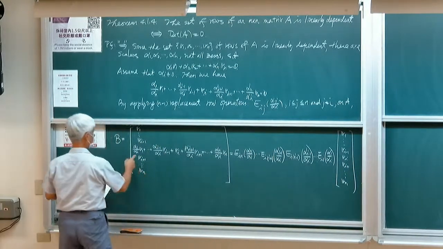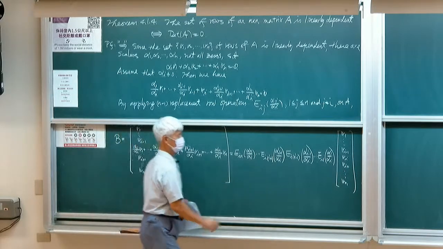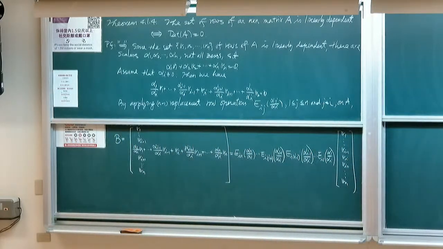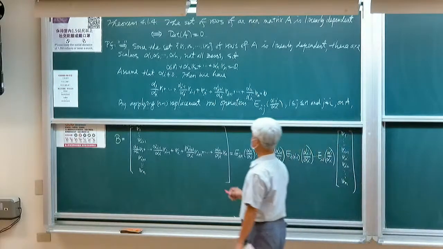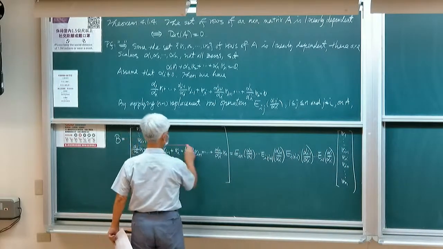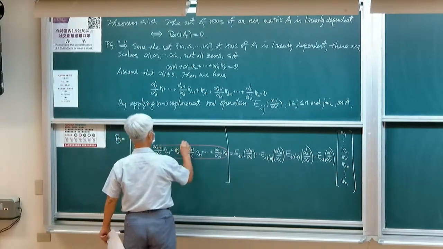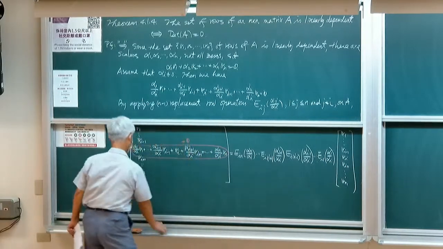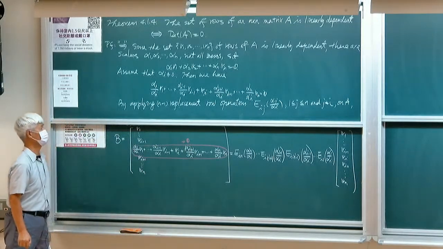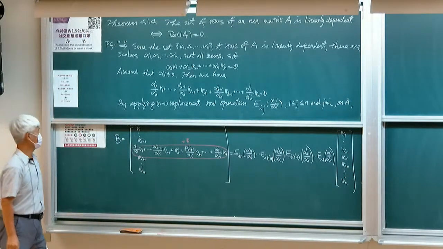And this linear combination becomes the 0 vector here. So this whole thing becomes 0.